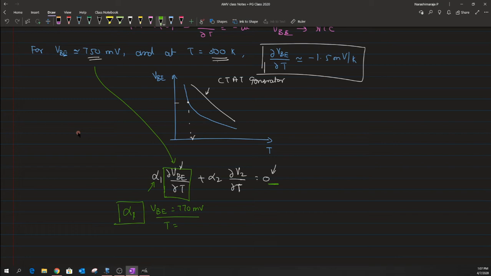Hope that it is clear for you. So this is some sort of difficulty that we end up having just because of this parabolic graph, or this negative temperature coefficient depending on VBE as well as the temperature term. Just because of these dependency terms, all these difficulties have come into the picture.